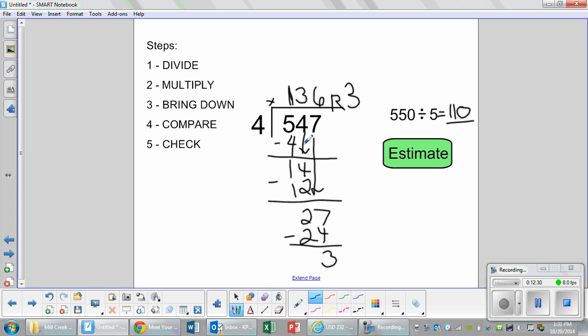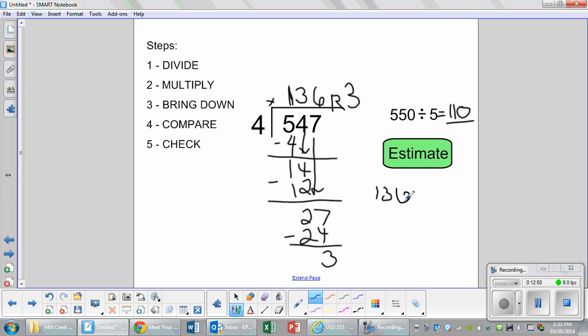I went through these steps, and I actually had to go through them an extra time because I had two numbers that had to be brought down. One thing I forgot to say earlier is that your remainder should always be less than your divisor. If your remainder is greater than your divisor, then you know you've done something wrong.